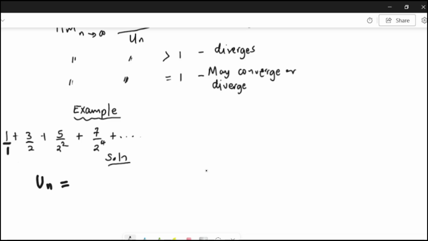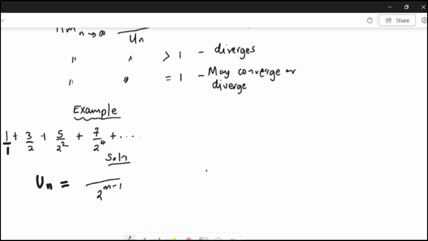So for the denominator it's 2 power n minus 1, because for instance here this is term number 4.